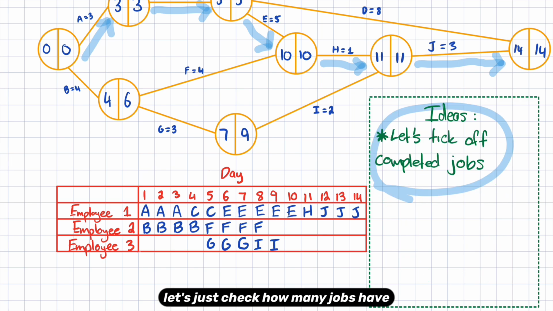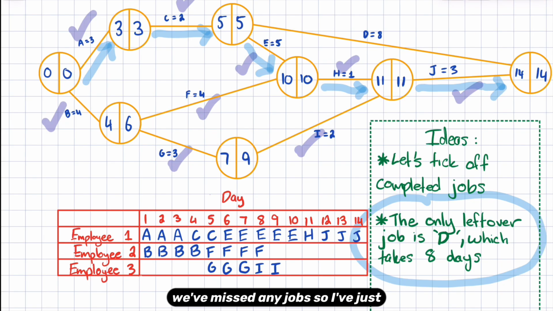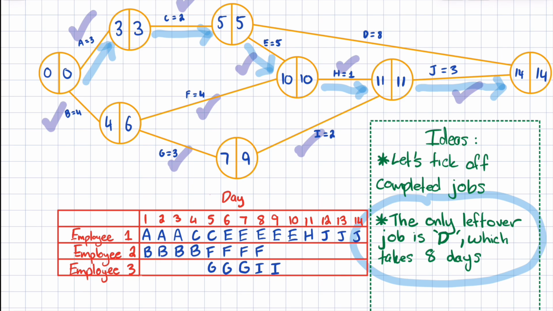Now, let's check how many jobs have been completed at this point and whether we've missed any jobs. I've ticked all of these in purple, and we can see that activity D still needs to be done. The only leftover job is activity D, and that takes 8 days.